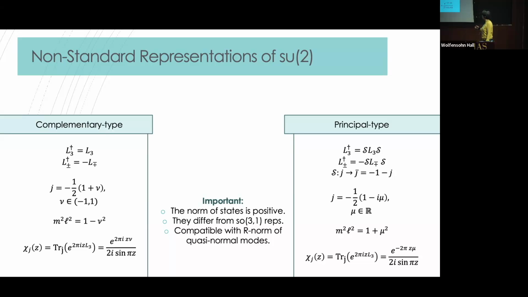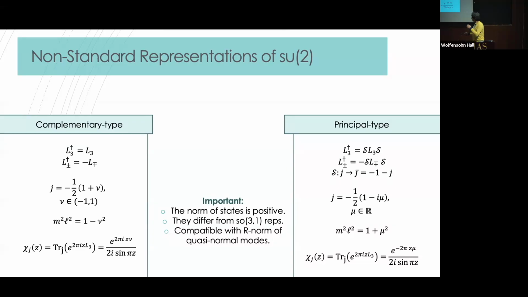Here you use the shadow operator that takes j to its shadow value. This is the other representation that has the same value of the Casimir. And now here j is a complex number, and this will describe massive fields in de Sitter. It's also an infinite dimensional representation, and it has this character here.